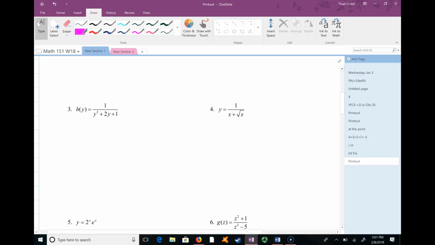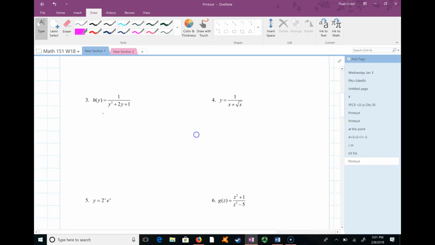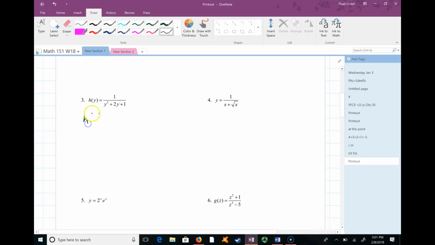So the first thing I do in this one is rewrite it as y cubed plus 2y plus 1, whole thing raised to the negative 1 power. That way I can use the power rule and a chain rule. The outside function here is something to the negative 1. So when I take the derivative of that, I get negative 1 times the something to the negative 2, and the something is y cubed plus 2y plus 1.